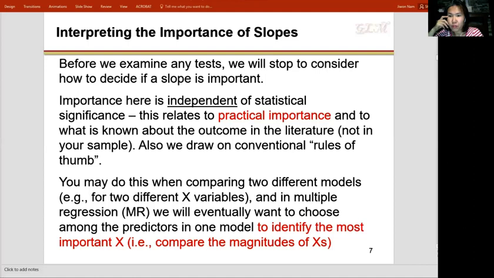0.05. So if your p-value, the probability value, is larger than 0.05, which means higher than 5%, it's hard to reject the null hypothesis in that case. But if your p-value is smaller than 0.05, then the occurrence of the null hypothesis situation in the population is smaller than 5%.